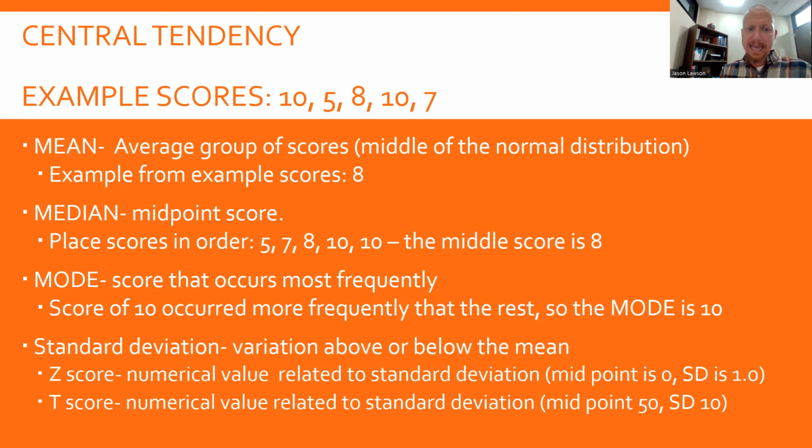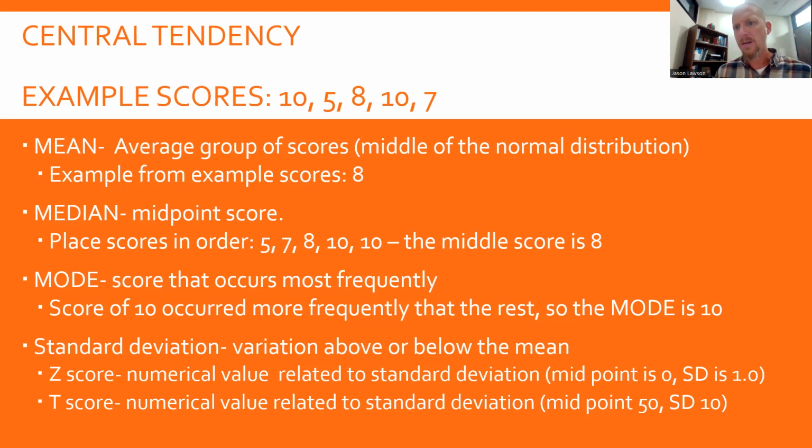I talked about this already, but the standard deviation is nothing more than above or below the mean. So if we know that the normative sample mean score is, in this case, let's say 8, then we're able to compare, okay, our child scored 6. So we know that our child scored less than the mean. But how much below the mean did they score?